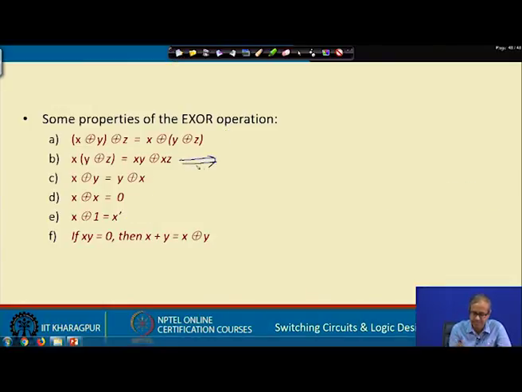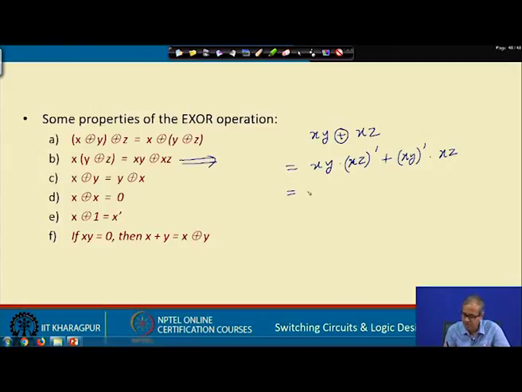This one is some kind of distributive law, AND and XOR: x and y XOR z is equal to this. Let us take the right hand side, xy XOR xz. So, let us expand it. What is XOR? xy and xz bar or xy bar and xz, this is XOR.